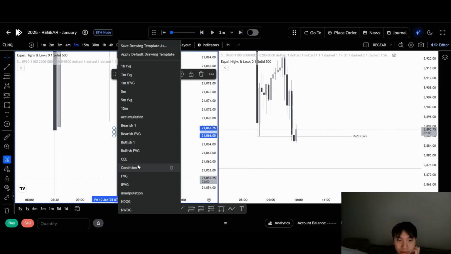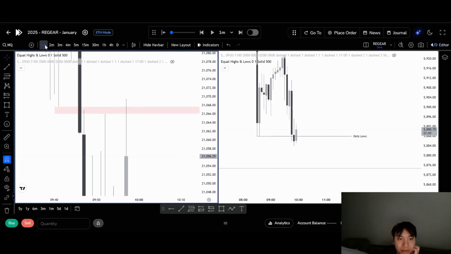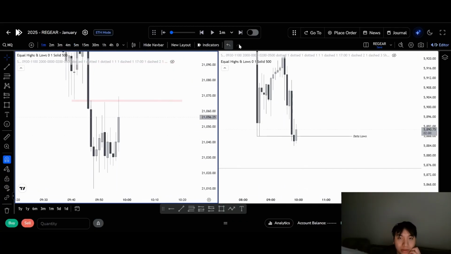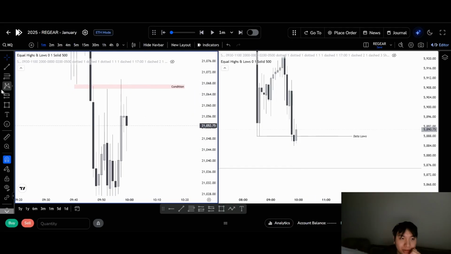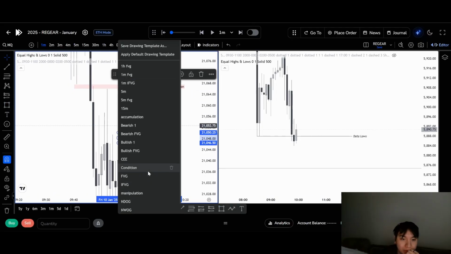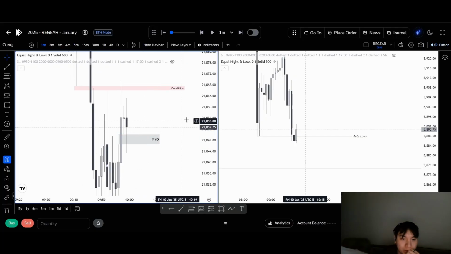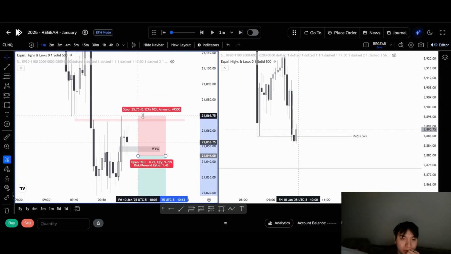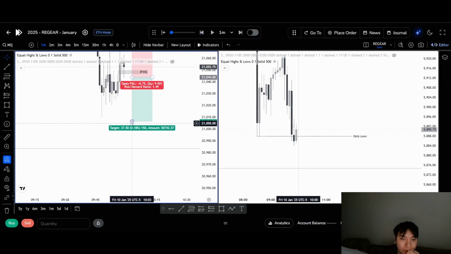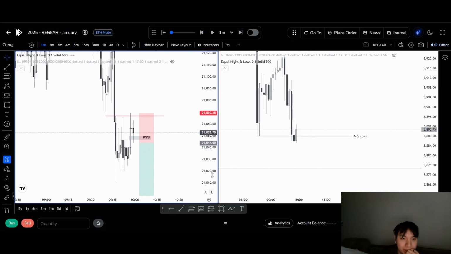Or sorry, I'll just make it as a condition. Okay, we have our 5-minute condition. This is our possible entry, towards the sell side. That's enough.